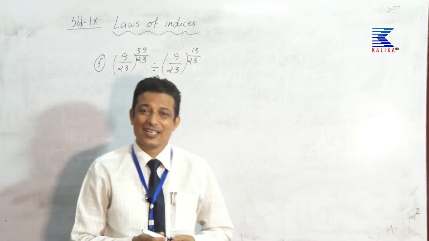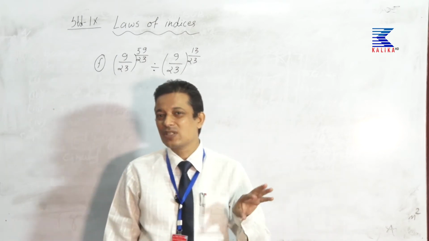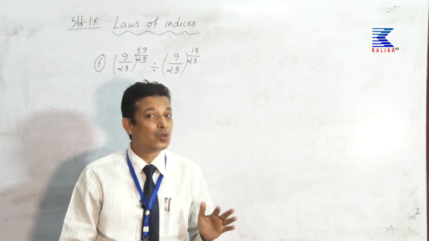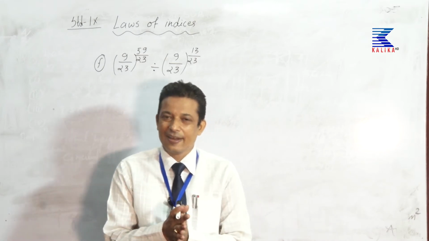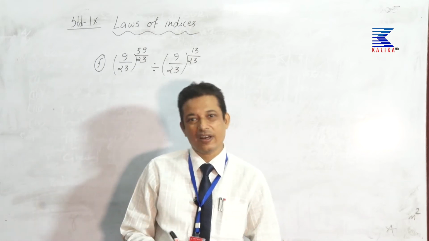Dear students, you need to remember that in case of laws of indices we must focus on the same base. For such a question we should look for the same base, and the base can be in rational form, a whole number or anything else.